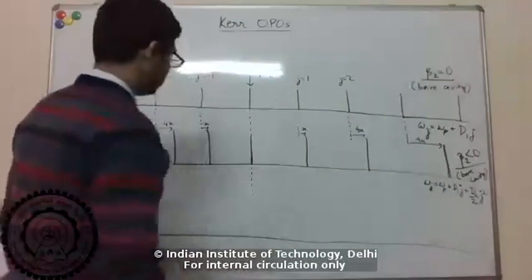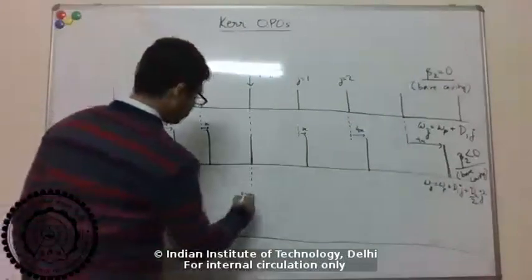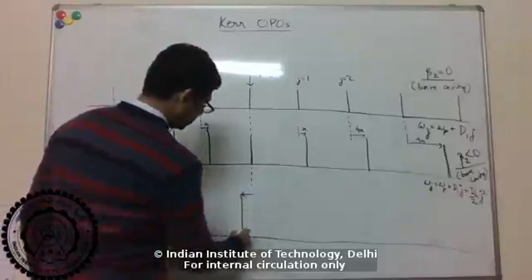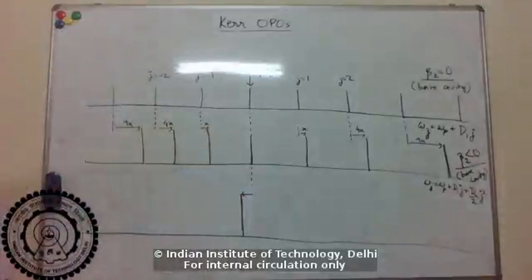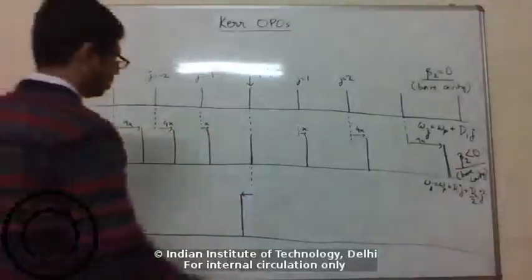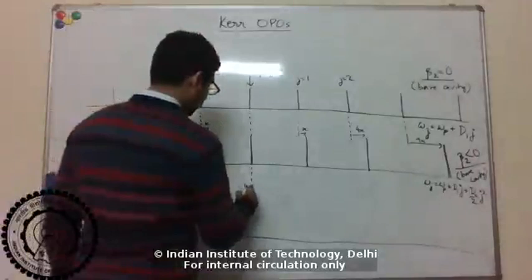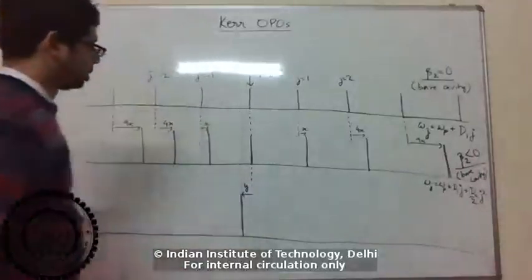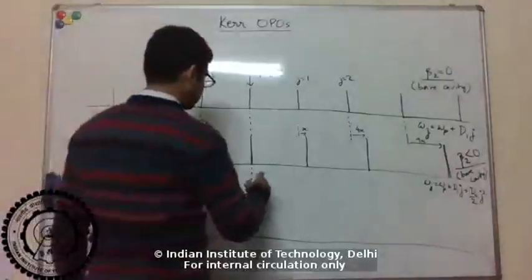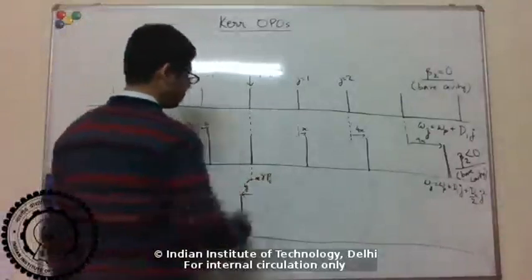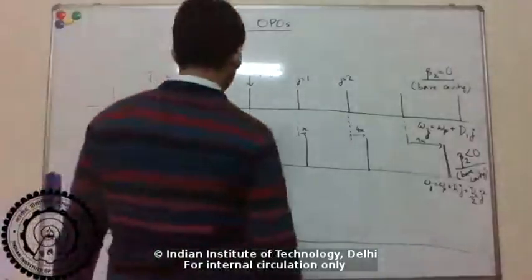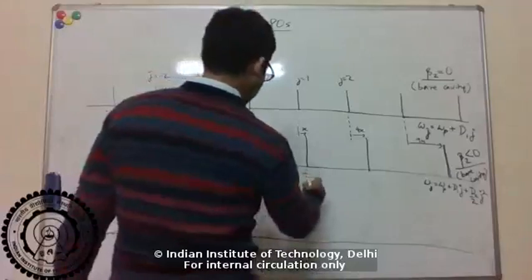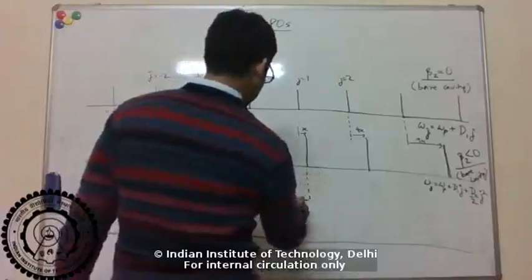So the pump resonance we saw will shift downwards, right? So let's call this shift y, and we saw it is something proportional to gamma times the pump power. And the other resonances will shift by twice y.